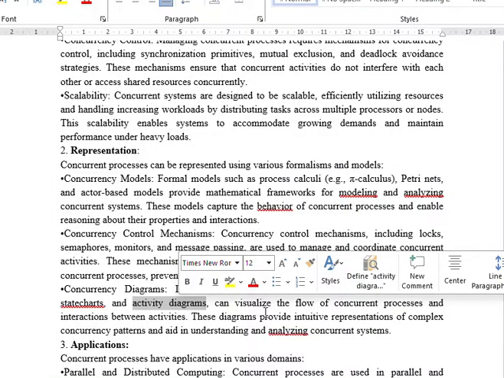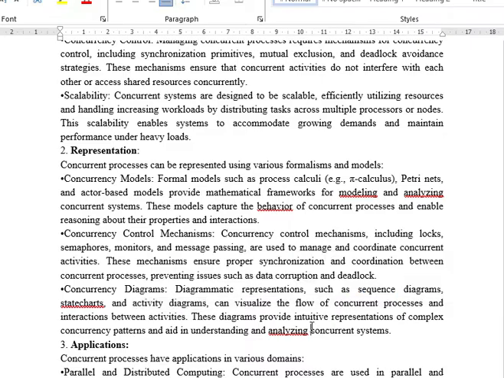Because this concurrency process is a parallel system, we can represent it with flow charts, activity diagrams, and sequence diagrams. After completion of one level it goes to the next level. In this way we can represent concurrency.